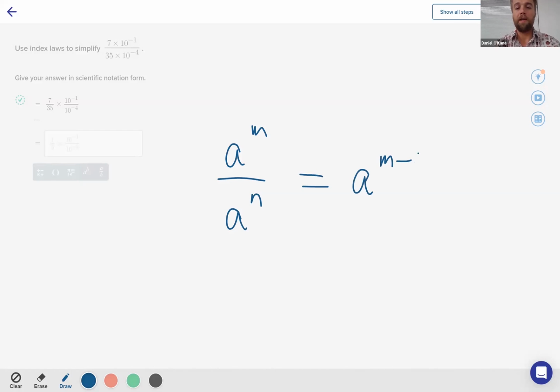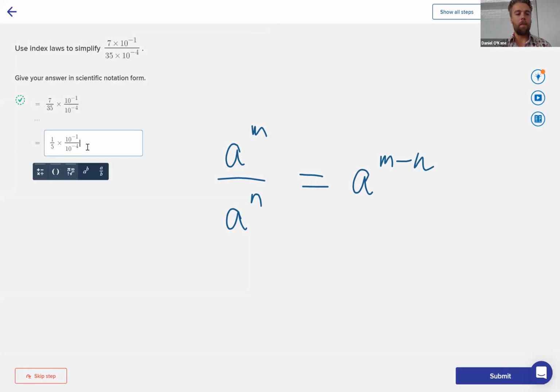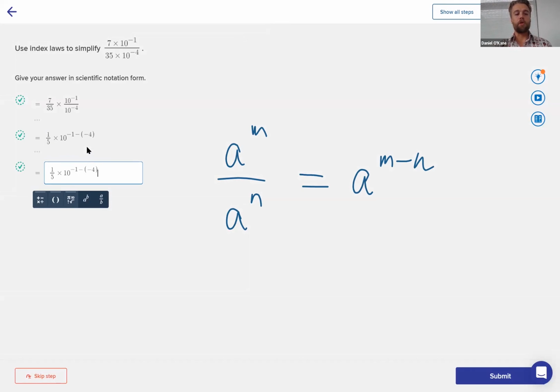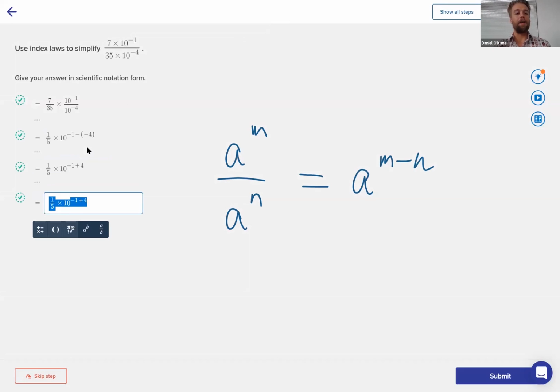It's usually the second law taught in index laws, okay, to simplify this to become 10 to the power of -1 minus -4. So watch the negatives, be careful. If I'm subtracting -4, it's the same as adding the 4, okay? And so adding the 4 to -1 would give me 3.